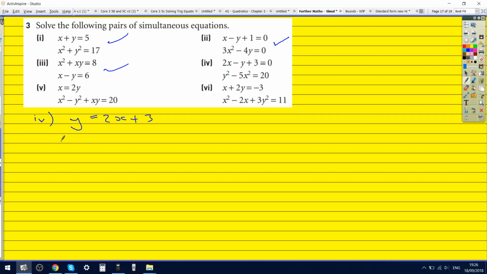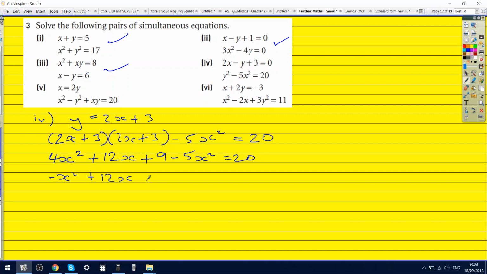So 2x plus 3, 2x plus 3, minus 5x squared gives us 20. So 4x squared plus 12x plus 9 minus 5x squared is 20. Minus x squared plus 12x plus 9 is 20.